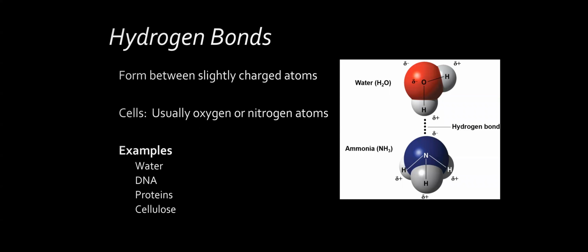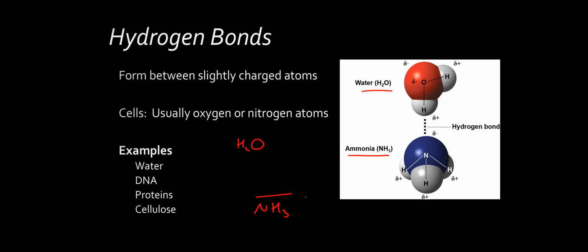And so here you can see a molecule of water interacting with a molecule of ammonia. Ammonia is nitrogen's water. In other words, you take oxygen with some hydrogens and you get your H2O, right? If you get nitrogen instead, you get NH3.